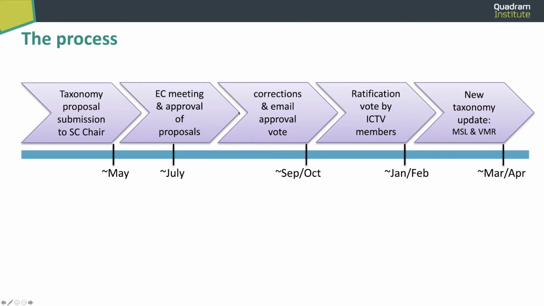Then for those that were corrected, there's another email approval vote. That's usually September, October, or November in the case of this year. Then there's a ratification vote of all of those approved proposals by the membership of the ICTV. And when that's approved, the taxonomy is updated, and then we publish the master species list, an MSL, and the virus metadata resource, which is another Excel file, which links taxonomy to accession numbers in NCBI.